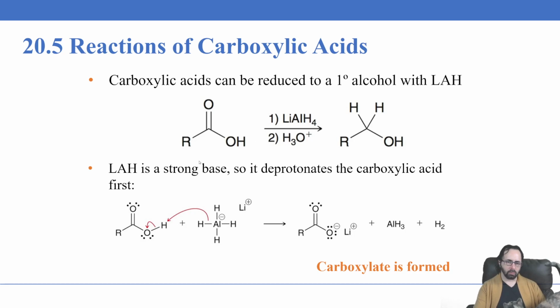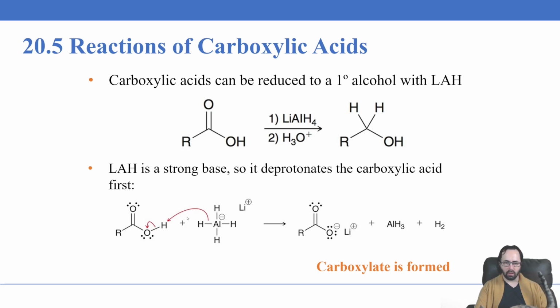So this reduction proceeds through an intermediate in which a hydride ion is formed from the lithium aluminum hydride. And remember, that's generally the way that reduction with an aluminum hydride or borohydride occurs. The aluminum here has a negative formal charge, and it's going to want to give up that hydrogen.